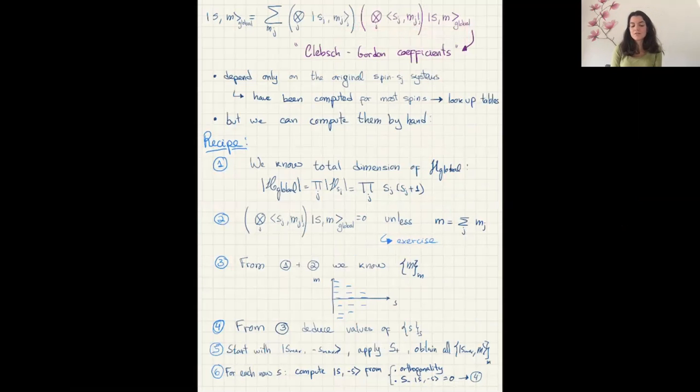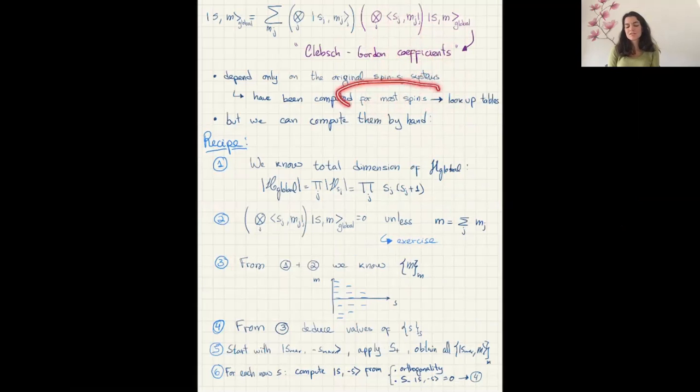They depend only on the dimensions of the original systems, so on the total spins of the original systems, which means that there's only so many ways to combine them. You could have spin 1/2 and spin 1. You can have spin 1/2 and spin 3/2. You can have spin 1, 1, 1. You can have 1/2, 1, 3/2.